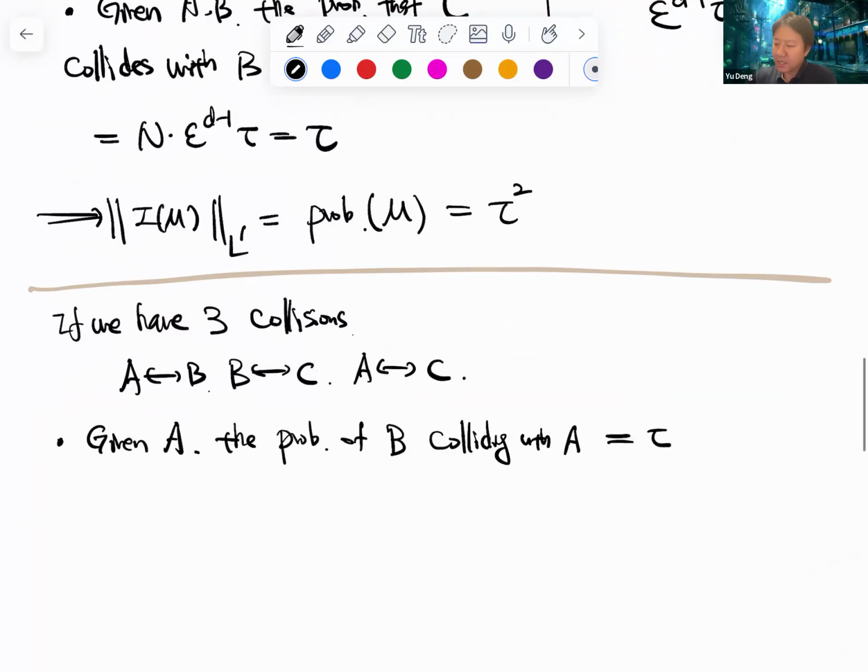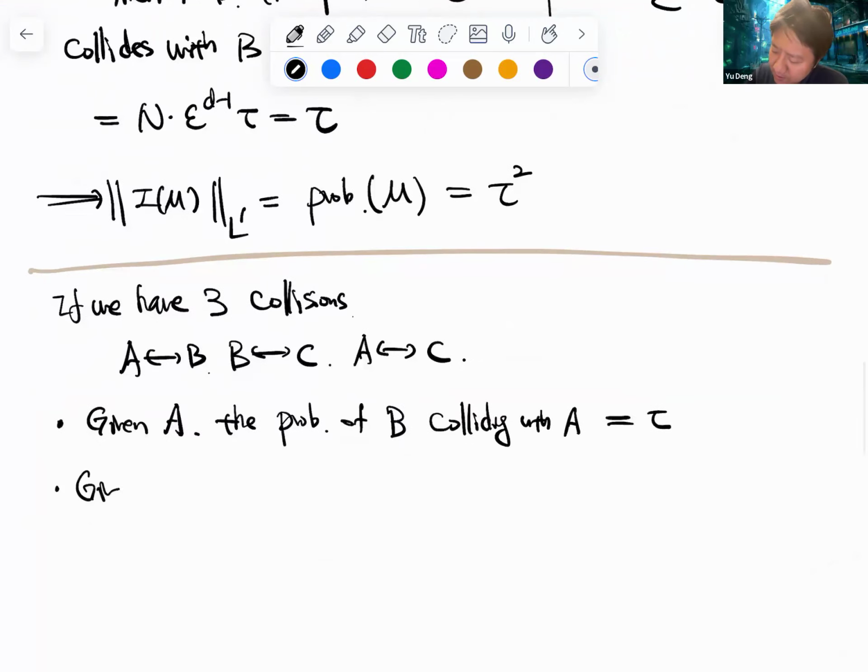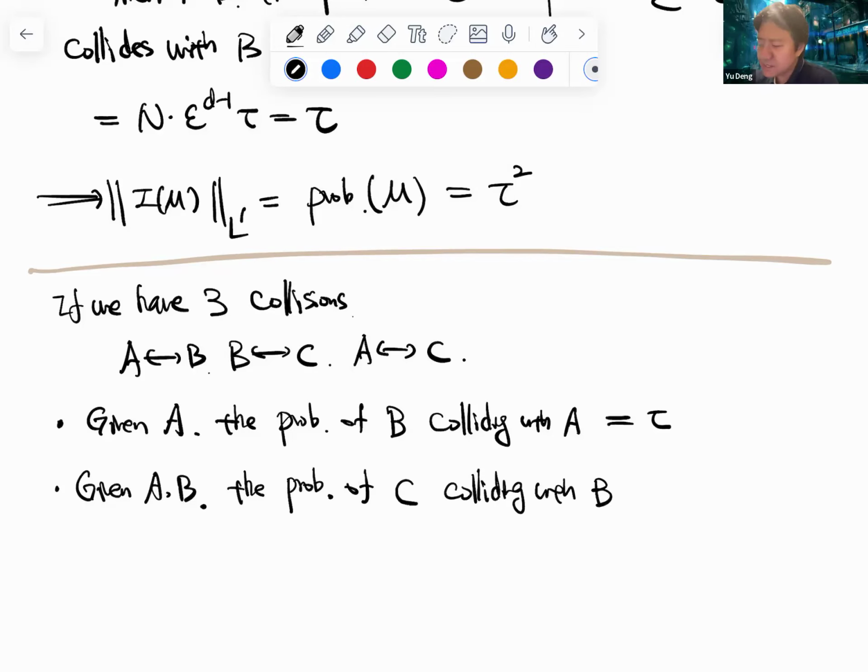So this we know. And given A and B, the probability of C colliding with B is equal to tau.